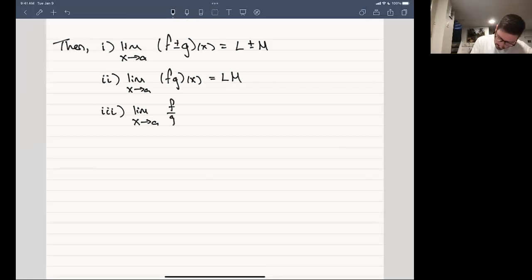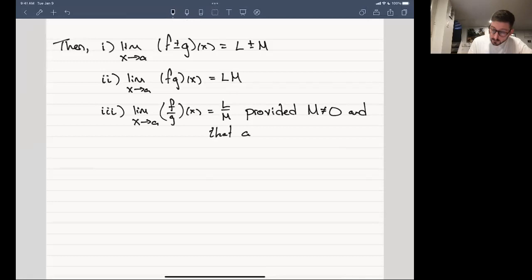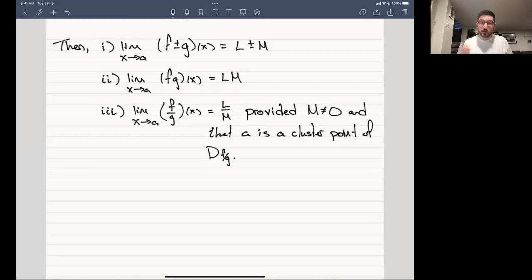So the classic in terms of these limits, well, then this becomes L over M, provided M does not equal 0, and that a is a cluster point of the domain of f over g, right? So there's a little extra stipulation here, but it's not that big of a deal, right? It's something that you're probably not going to think about too much, and you know the cases where it fails, right? You can't divide by 0. That's pretty much all that's happening.